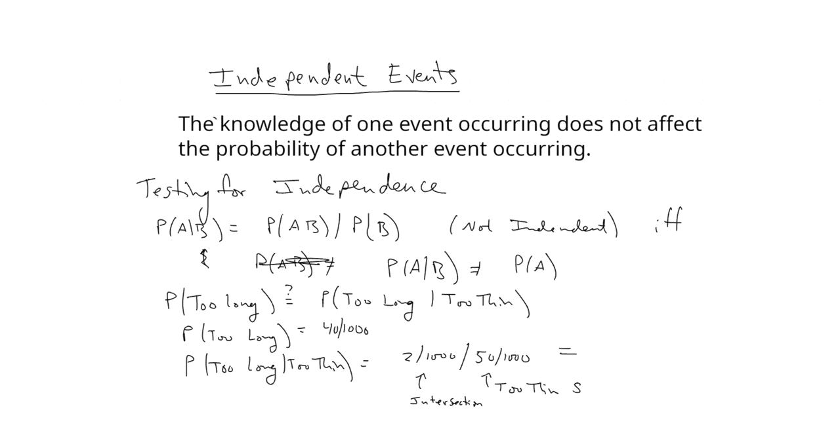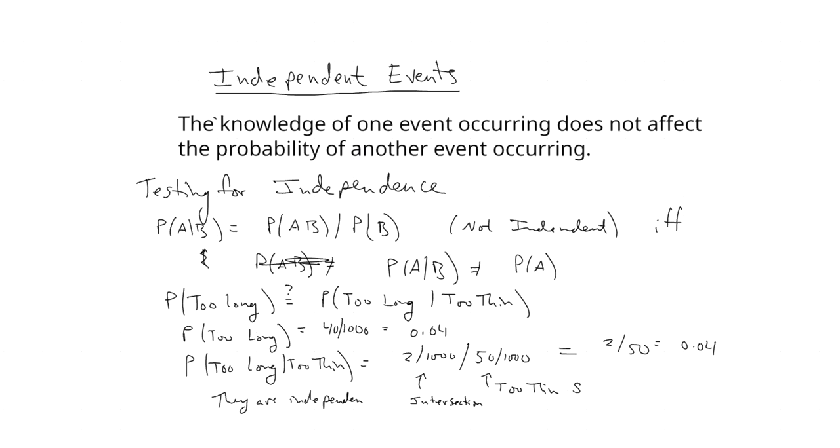So that equals 2 over 50, which is 0.04. So these values end up being the same, and at least from the data standpoint, we could say that they are independent.